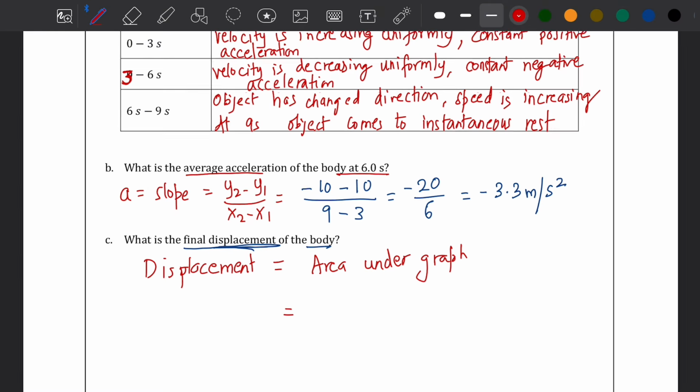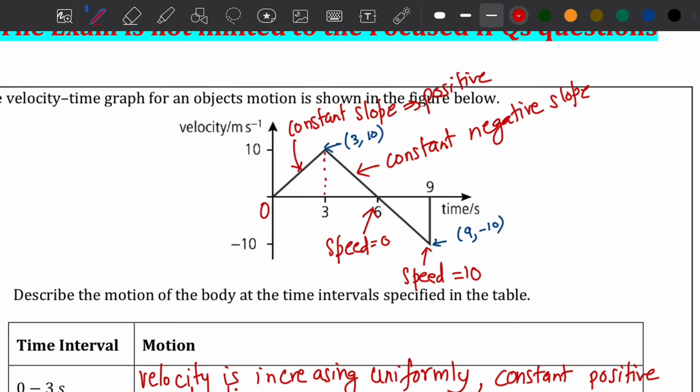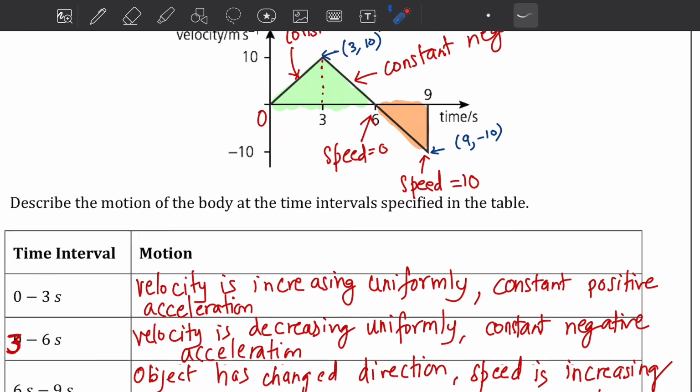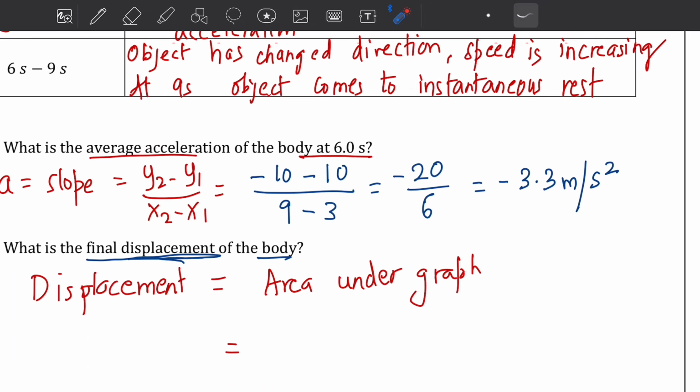And then let's check what the graph looks like. So we have got a triangle here. Let's shade that. We want to find the area of this triangle, and we want to find the area of this triangle. Okay, so for the first triangle, we can see that the base of the triangle is 6 and the height is 10. And for a triangle, the formula is half base times height.